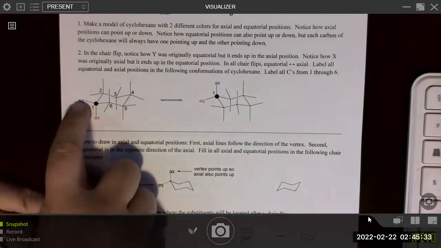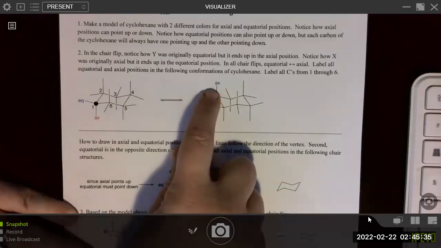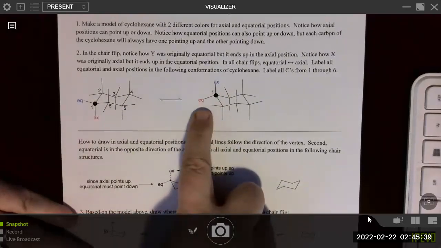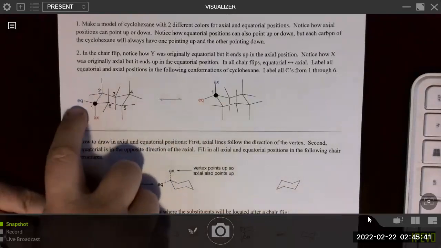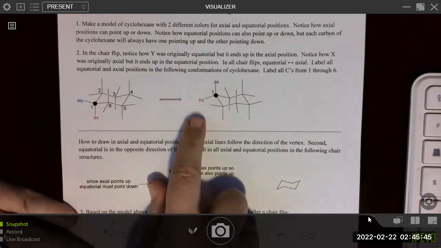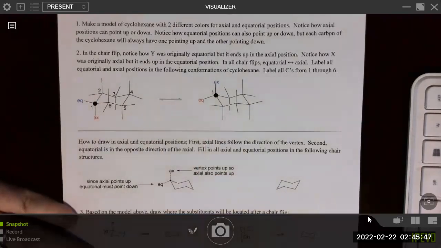Notice the blue going from equatorial to axial and the red going from axial to equatorial. But what was up, which is blue, is always up, and what was down is always down. Let's go ahead and add in the hydrogen atoms all the way around the ring. Or, in this case, they just want us to label them axial or equatorial, not assuming that they're hydrogen atoms.